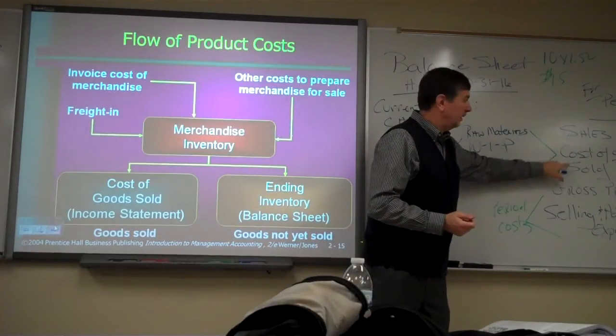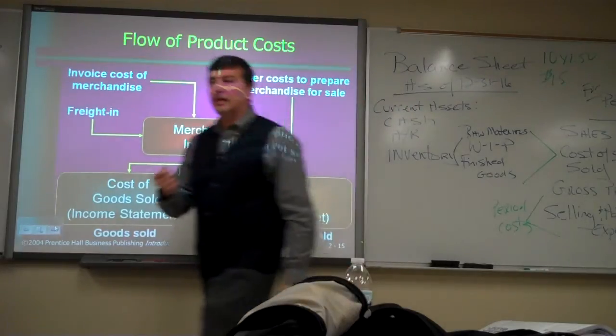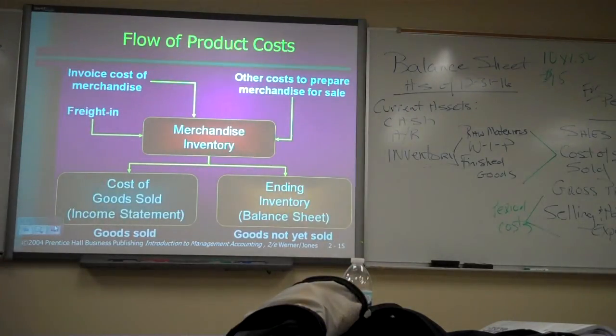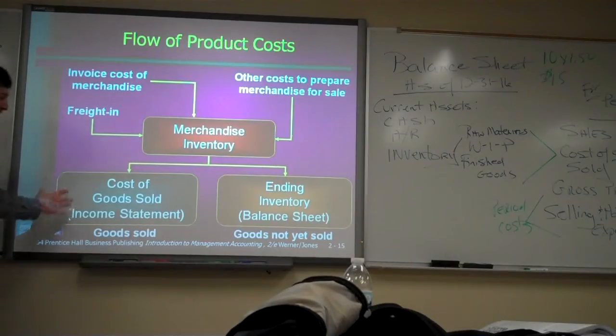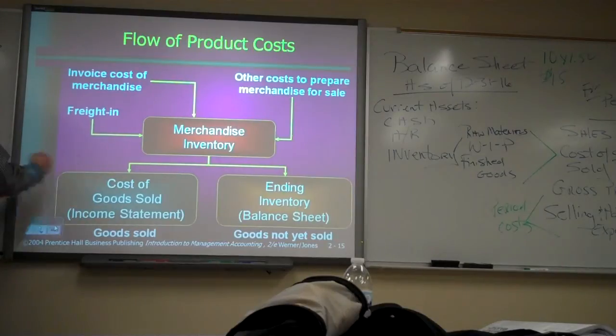And this is our expense right here. Everybody got that? Hit the enter button on that. Okay, once we sell it, it jumps to the income statement as cost of goods sold, and you might want to put in parentheses there, inventory expense. Well, why don't we just call it inventory expense?